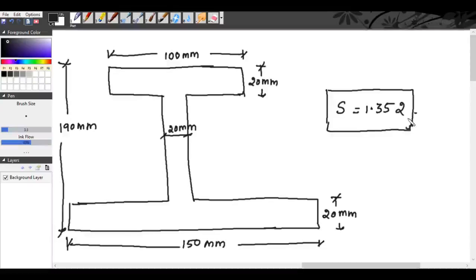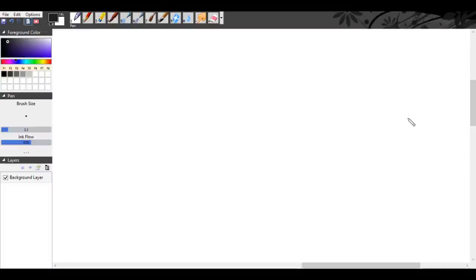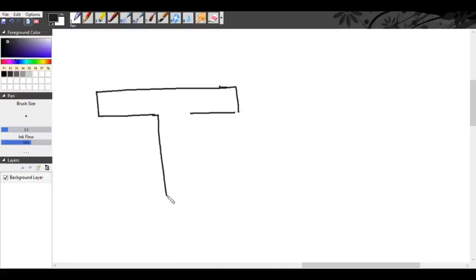The next problem for practice is a T section. Here the top width is 100 mm. The width of the web is 10 mm.